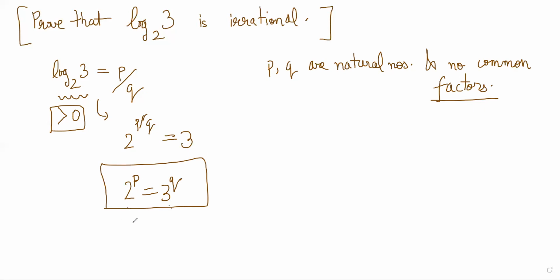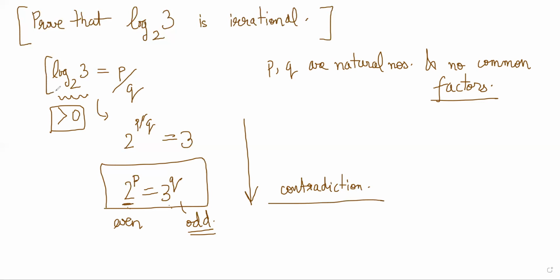Another way to say that is that this will always be even and this will always be odd. So this is a clear contradiction, right? So it's always irrational. The contradiction has come because we assumed that it can be written as P by Q. Wait, how do you transform 2 raised to the power P by Q into 3? Raise both sides to the power Q: 2 to the P by Q, whole power Q, is 3 to the Q. Oh yeah, sorry. Makes sense.